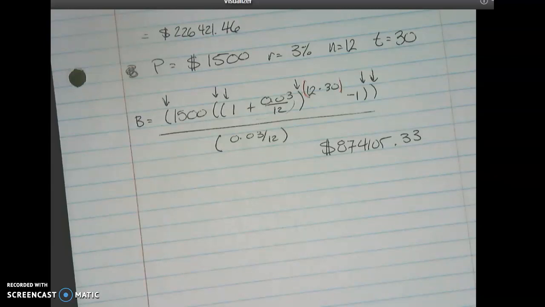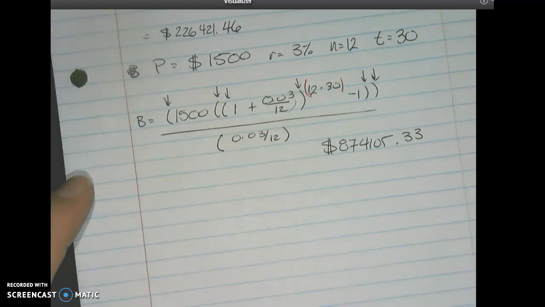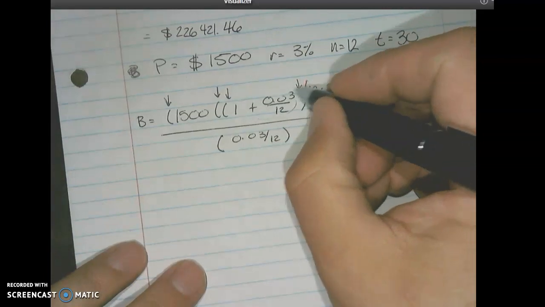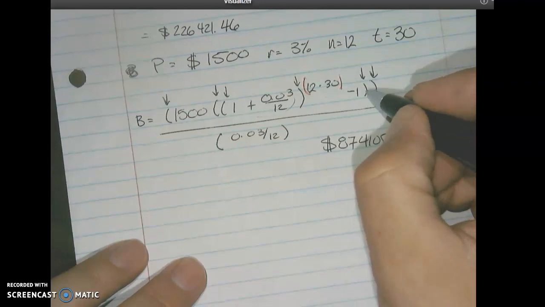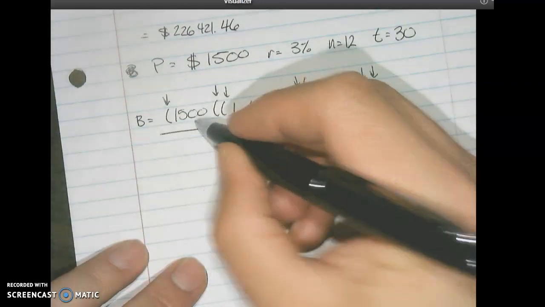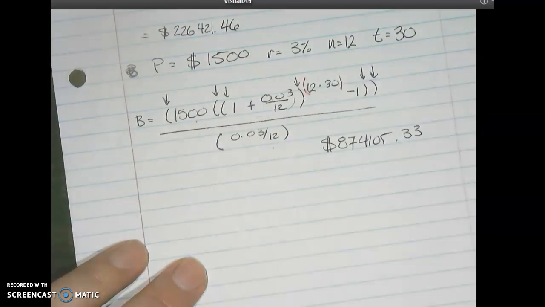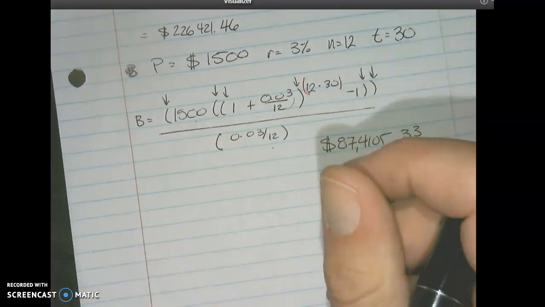So then you're going to be working with those sets. If you have to work backwards, you want to do this one first, raise it to its power, subtract 1, then multiply by the principal, then divide from here. So that's what we're looking for.